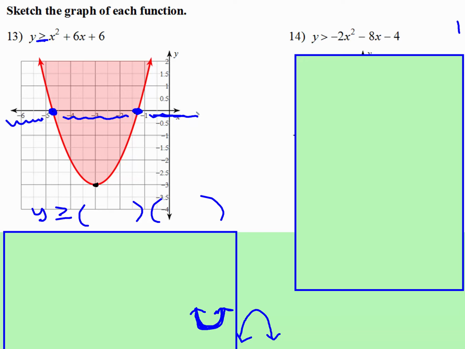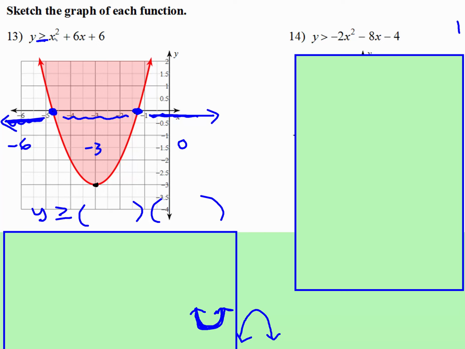Typically, what professors want you doing is pick a value from each. So in this one I might choose -6, or maybe I'd choose -10, anywhere in this interval. Inside this interval, I'm probably going to pick -3 because I know that that's the vertex value. And over here, anything to the right, I'd probably make it easy and pick 0.